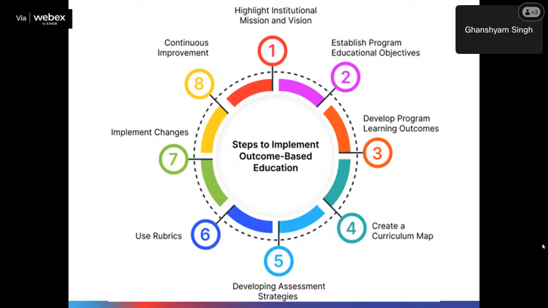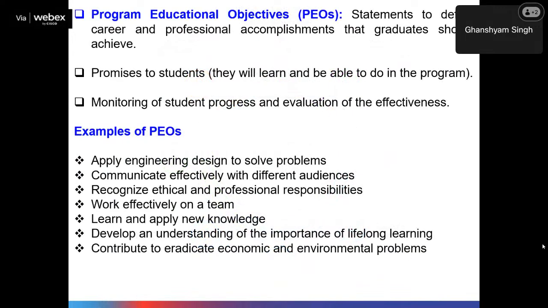A rubric is a kind of guideline to achieve something. Then they must also be ready to implement the changes occurring in technology, and there should always be a possibility to adopt improvements. That means continuous improvement. So these are the important steps needed to implement outcome-based education in the most effective way. Now I'll come to the points one by one.